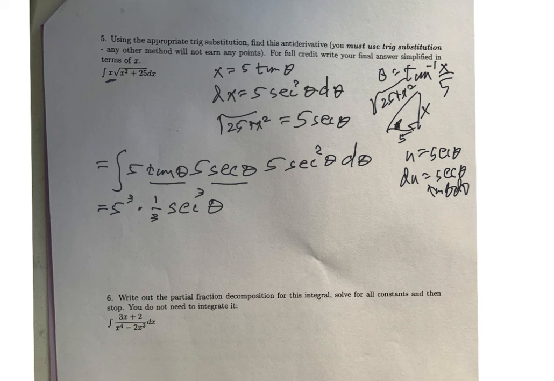And the secant of that is hypotenuse over adjacent. So we're going to get 5 cubed over 3. And then we're going to cube the secant, which is the square root of 25 plus x squared over 5. So there's the answer.